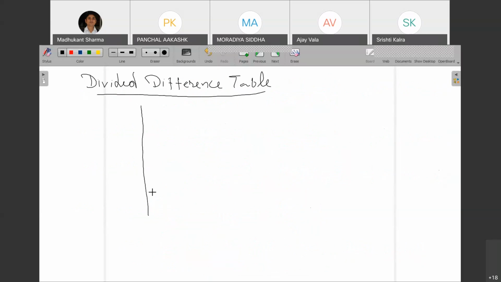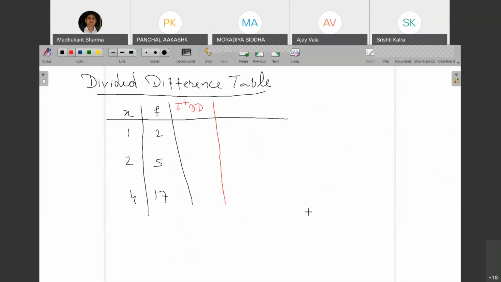I will write the data of x, f in vertical form. x is 1, 2, 4, and f is 2, 5, and 17. Now, the first divided difference. You are going to use these two values: 5 minus 1 divided by 2 minus 1, that is f1 minus f0 divided by x1 minus x0.